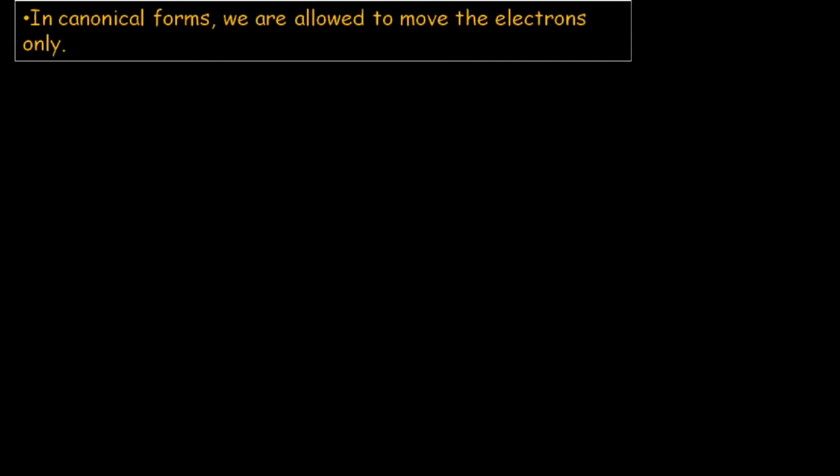Let's discuss another rule. In canonical forms, we are allowed to move the electrons only. Consider this example. Here the positive charge is on the third carbon and the double bond is between the first and second carbon. This double bond shifts between the second and third carbon and this positive charge comes on the first carbon.